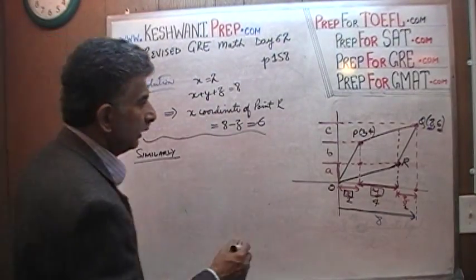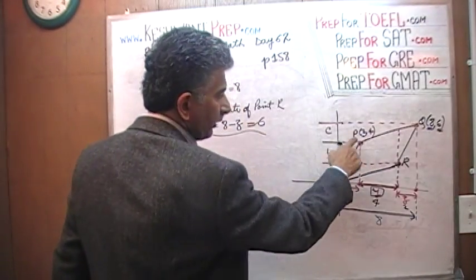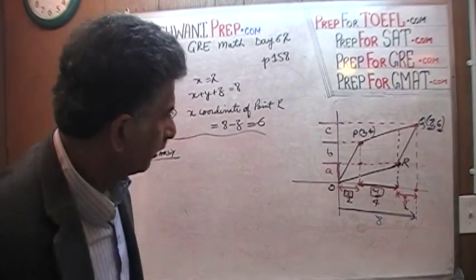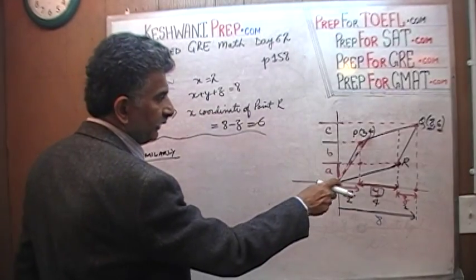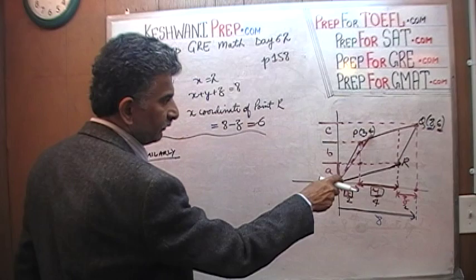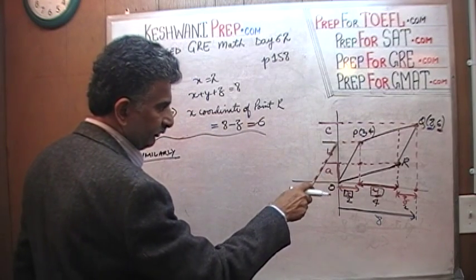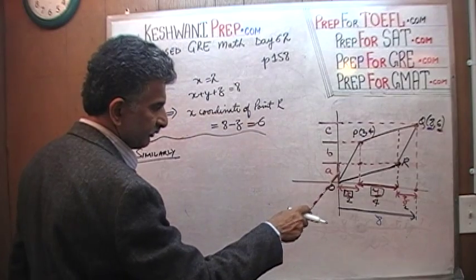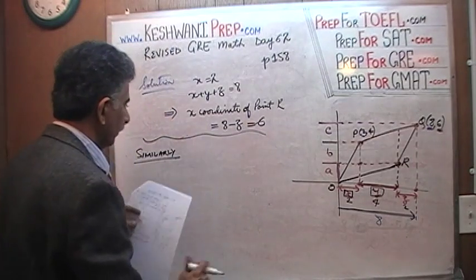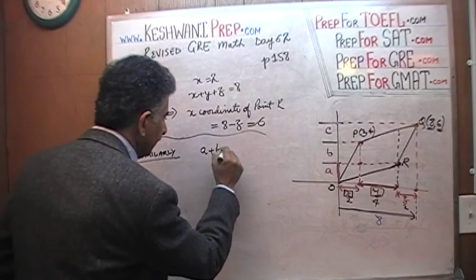So we know that the y coordinate of P is 4, which is this point right here, which means 4 must equal this distance from here to here, which is B, and this distance from here to here, which is A. So A plus B equals 4.